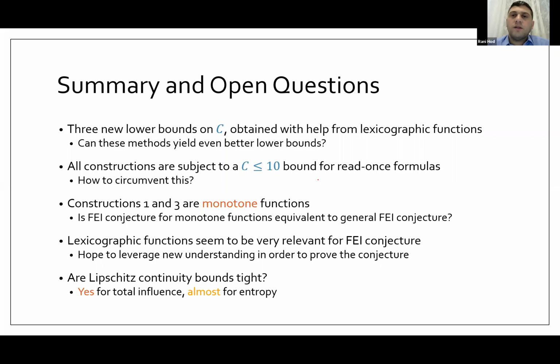So the estimation that we had for the total influence was exact, as a worst case. And for entropy, we got something which is not optimal. There is some difference between what we could prove and the lower bound that we have. So there's a slight room for improvement if you care about this part.